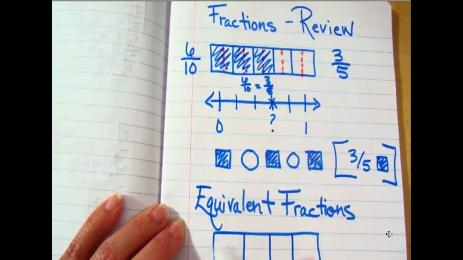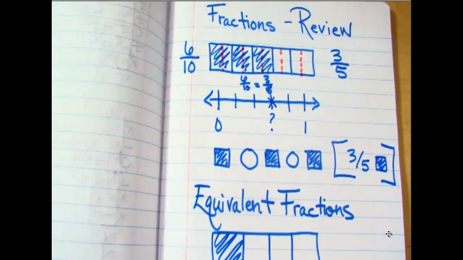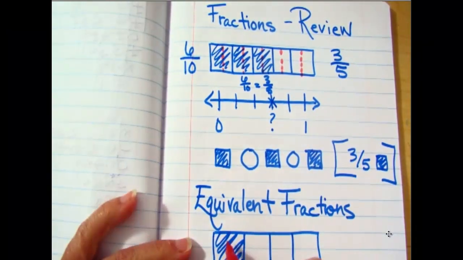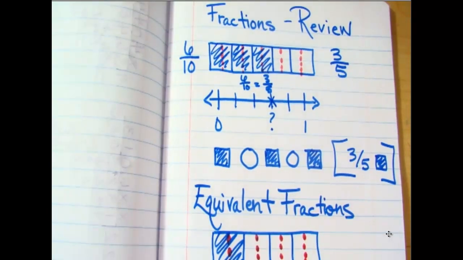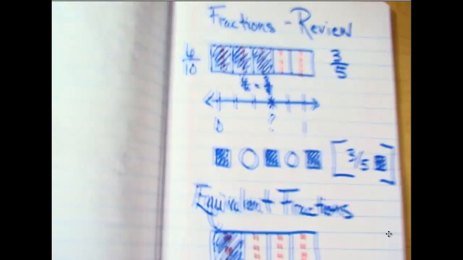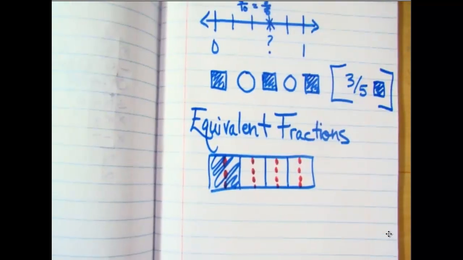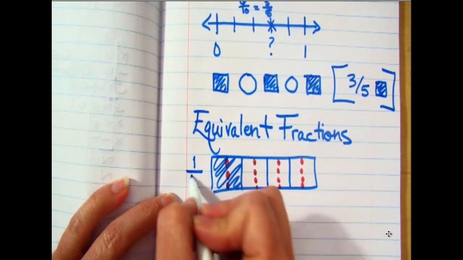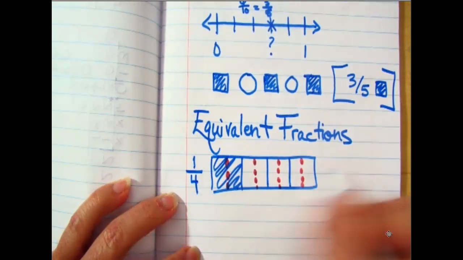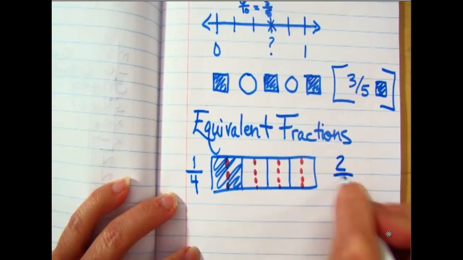For example, how much is that? 1/4. Well, let's say I don't want to keep 1/4 and I want to make it into 2 smaller pieces. Now what did I make? 2/8. Good. So this original model, I said 1/4, but then all I did was add a little divider, and I have 2/8.